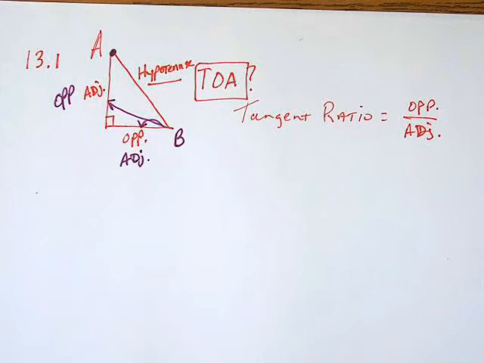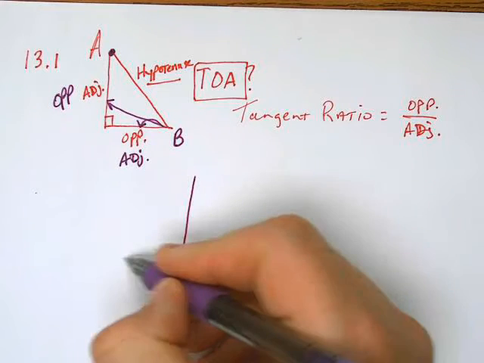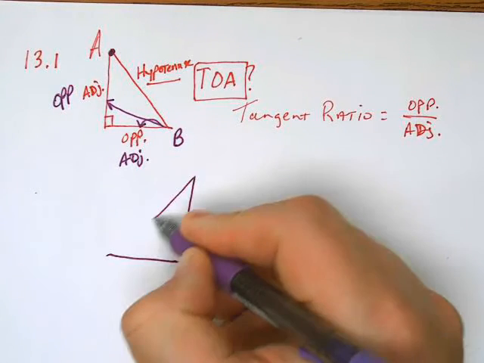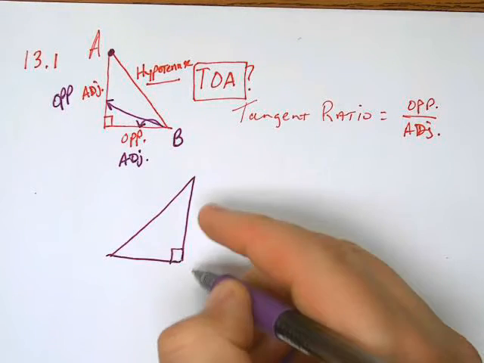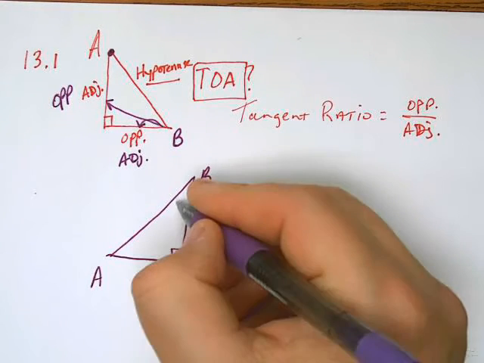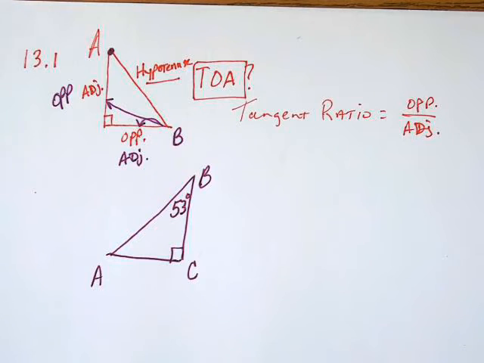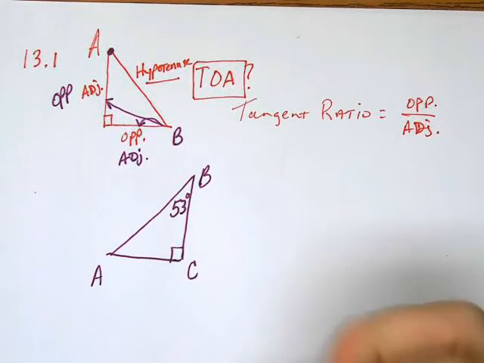Does that make sense? Okay, so one more note for consideration. Let's say that we've got this triangle, and we know that this is 53 degrees. Tiana, what's the measure of angle A?